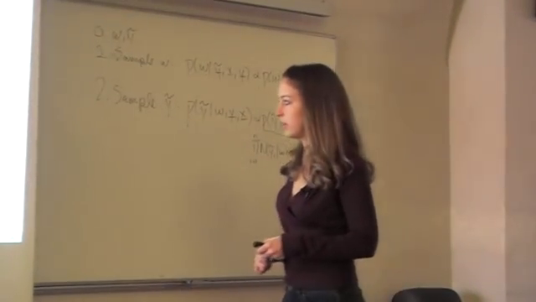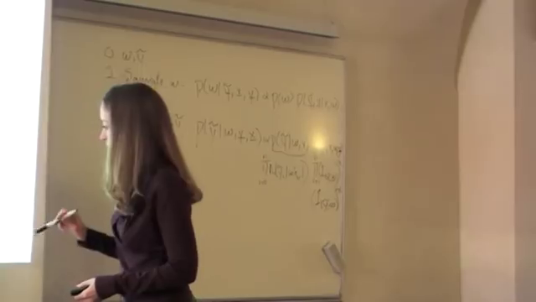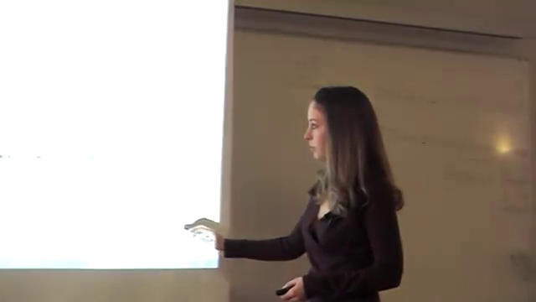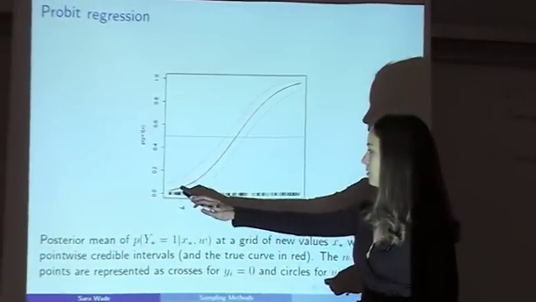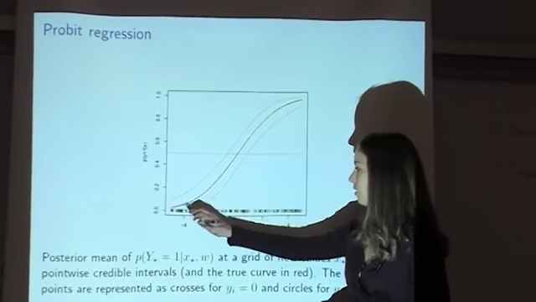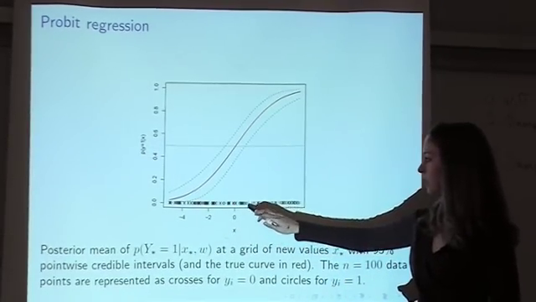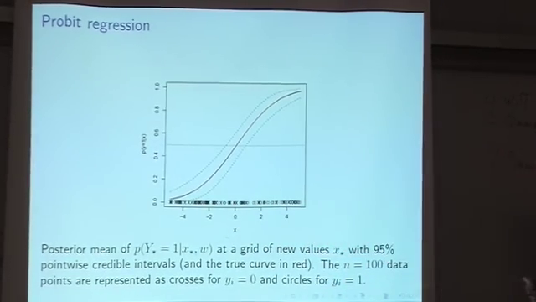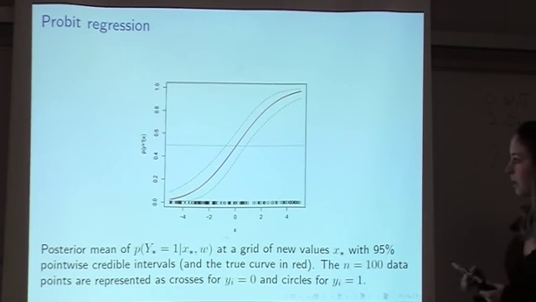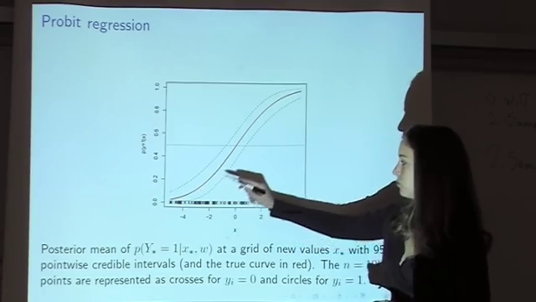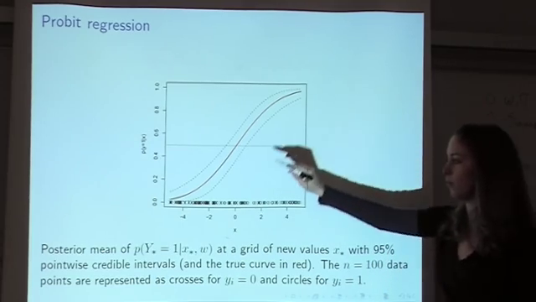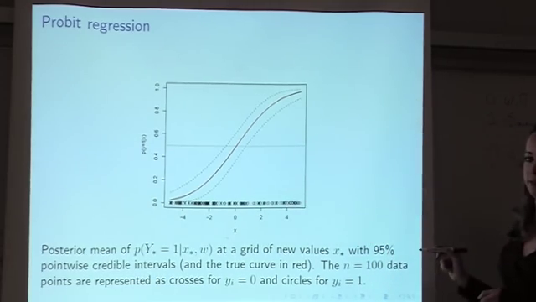Okay, so this was the data that I sampled. I sampled 100 data points. The crosses were zeros and the circles were ones. The red curve is the true probability that y is equal to 1 as a function of x.